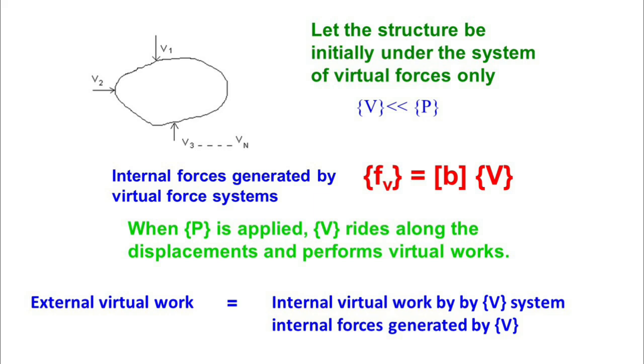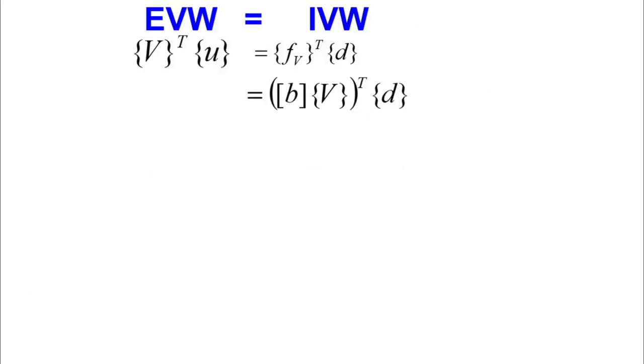So the two are equal. The external virtual work is given by the sum of the product of all the external virtual force components and the corresponding real displacements. Similarly, the internal virtual work is given by the sum of the product of the internal forces generated by the virtual external forces and the corresponding actual internal displacements.